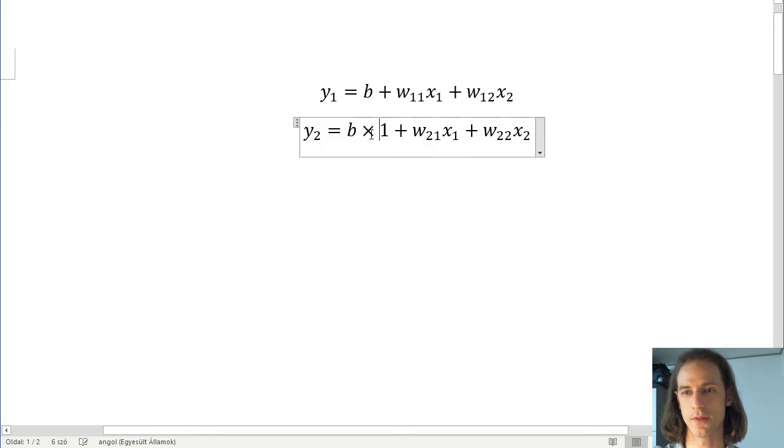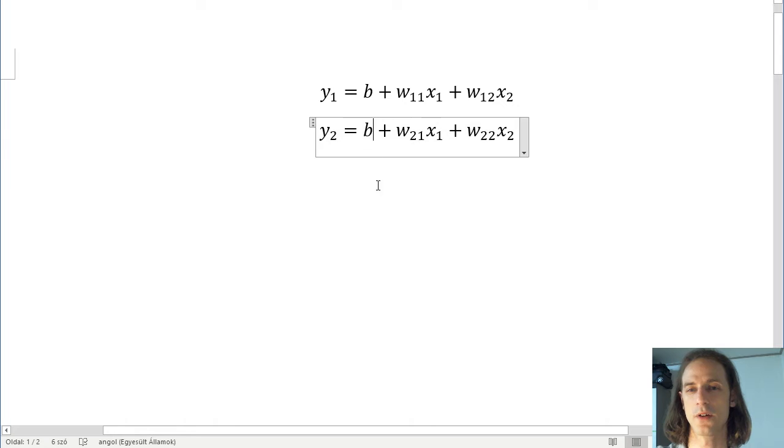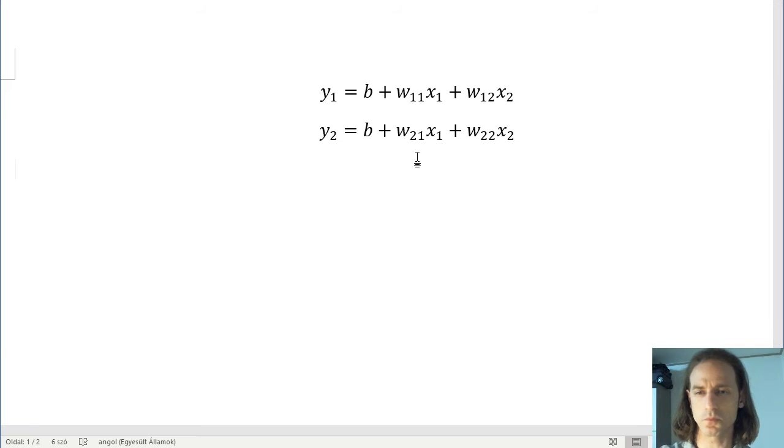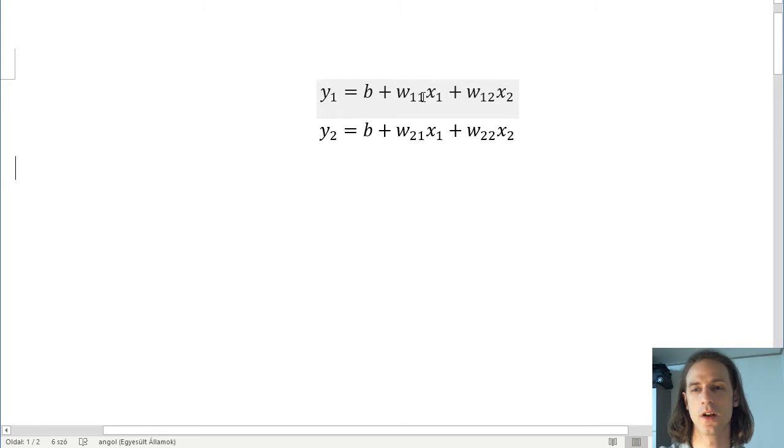But in some other books, they will just separate the bias out. And usually when it comes to convolution, it seems to me that the bias is described like I wrote here, just like this. I think in this convolution case this is the most straightforward way to look at it, because how these weights interact with the different x's is very different from how the bias comes into play.